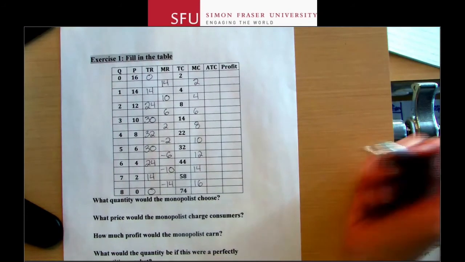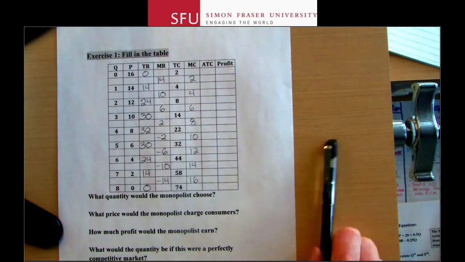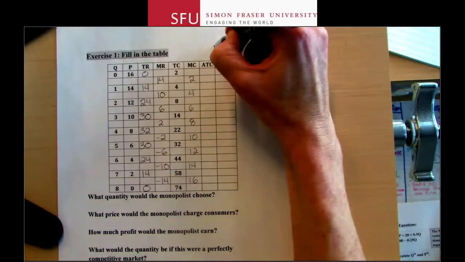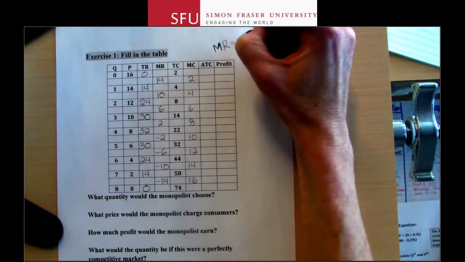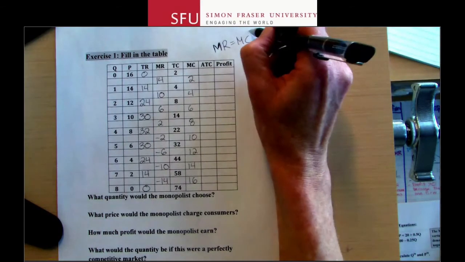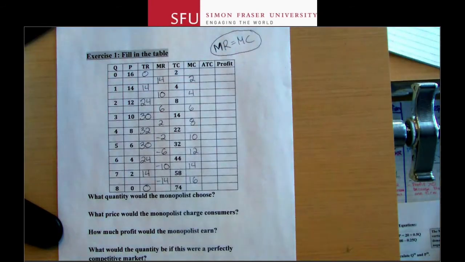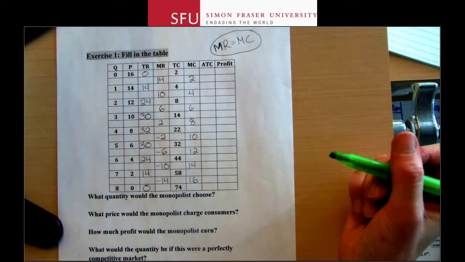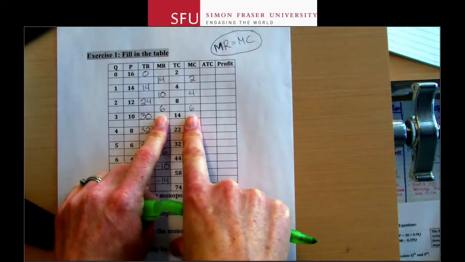And then we need to find the equilibrium. Remember, the equilibrium that maximizes profit for any producer, actually whether they're a monopolist or perfect firm in a perfectly competitive market. This is the quantity that will maximize profit. So that's here. Okay, so marginal revenue equals marginal cost at $6.